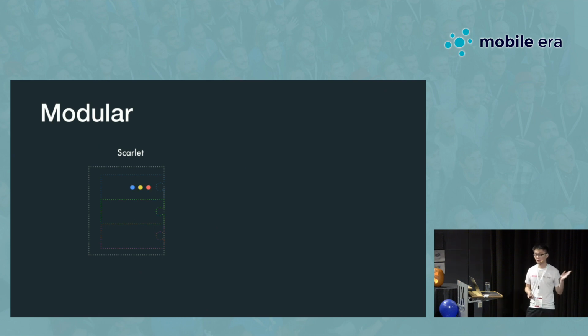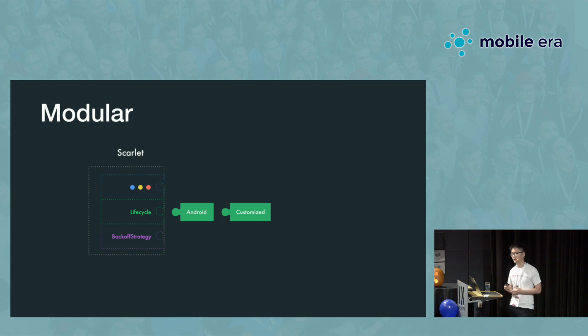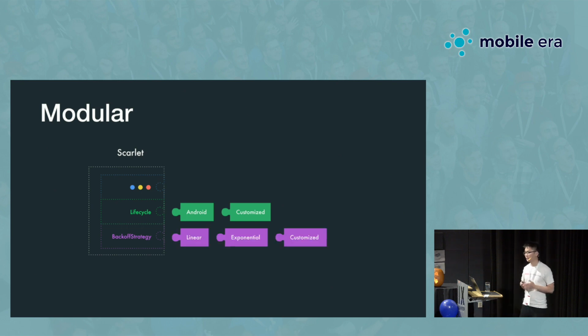In addition to those plugins, we also have two state management plugins. Scarlet uses lifecycle and backoff strategy to keep the connection open for you. A lifecycle declares when the app should connect to the server. When the lifecycle is on, basically when the user is in the app, and the connection failed, Scarlet uses backoff strategy to determine when to retry.